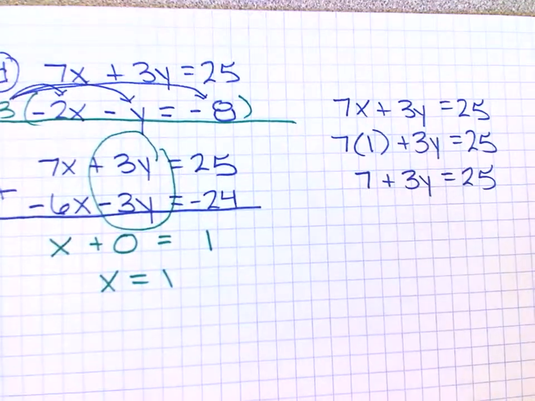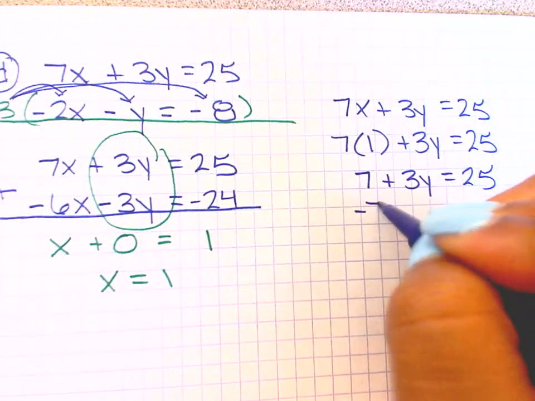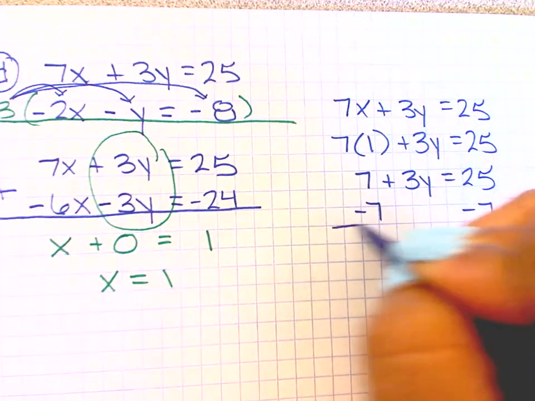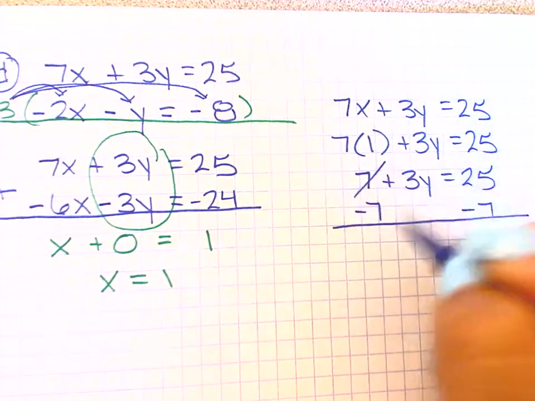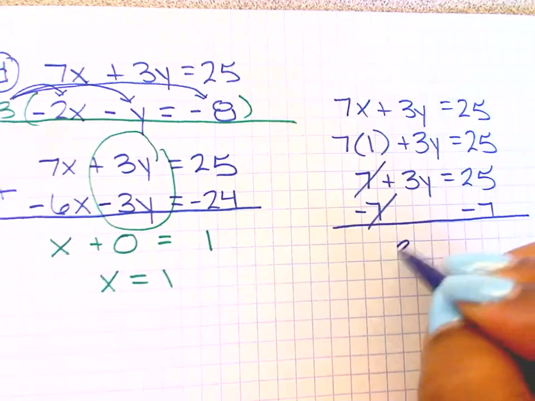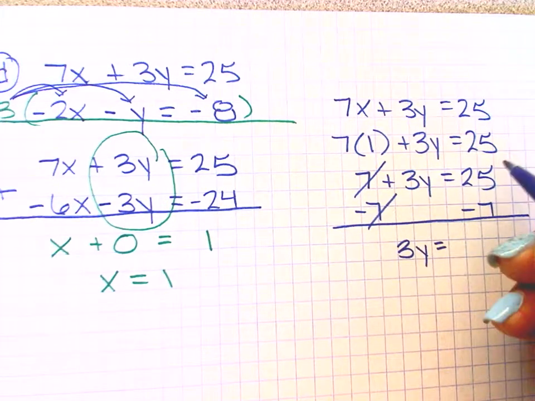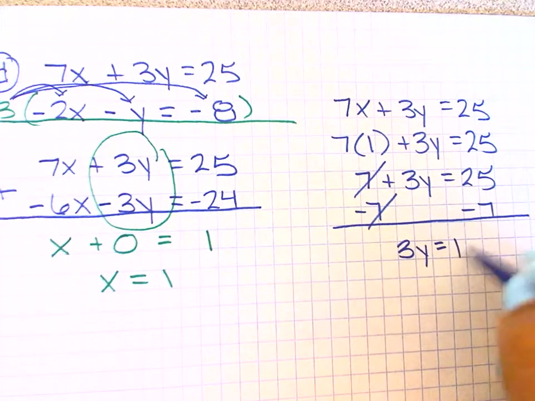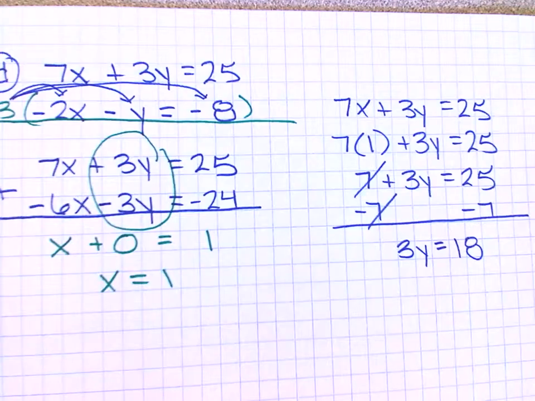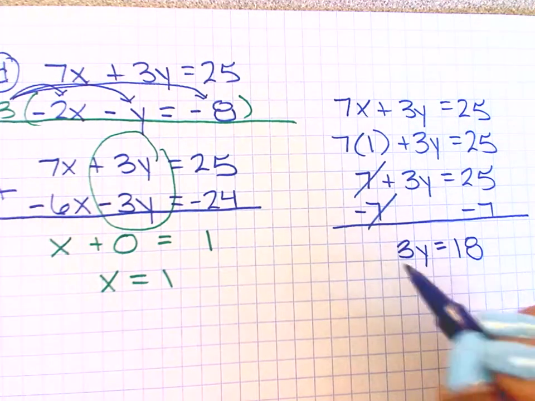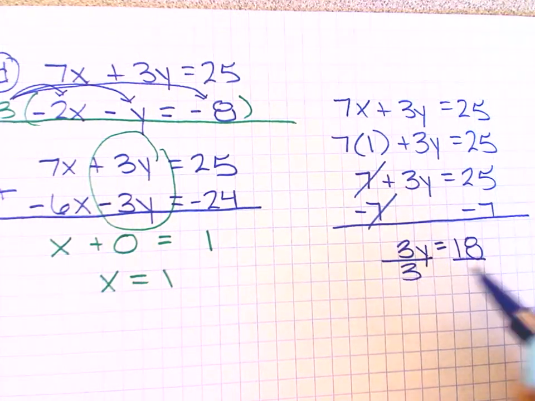I need to get y by itself, so I'm subtracting 7 from both sides. 3y equals 25 minus 7, which is 18. Divide by 3 on both sides to isolate the variable.